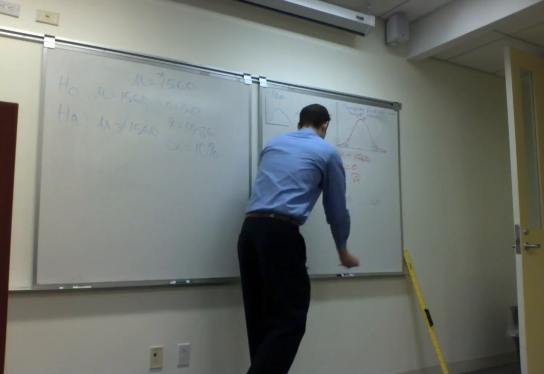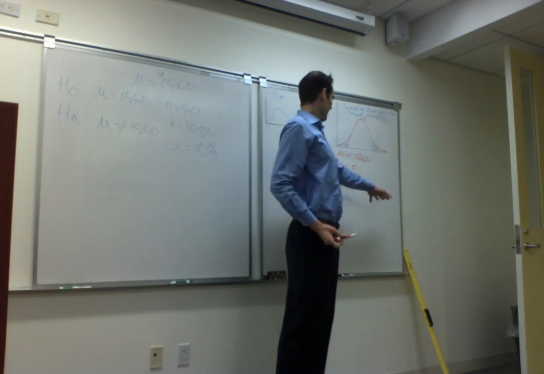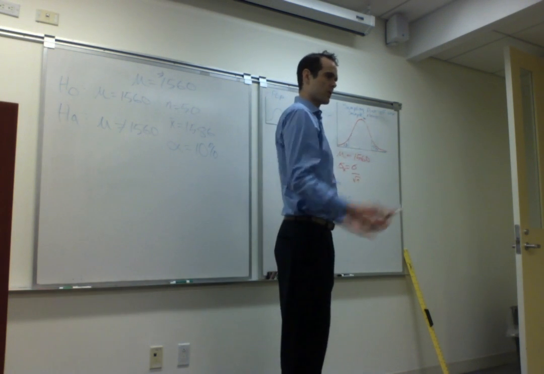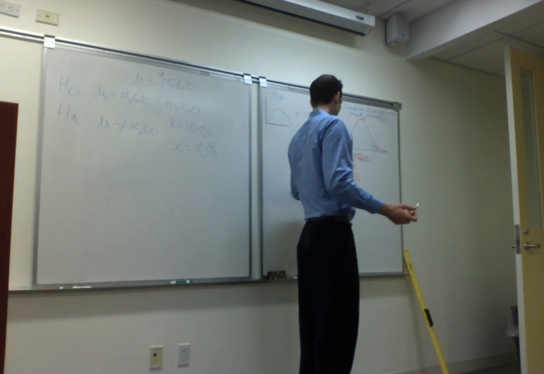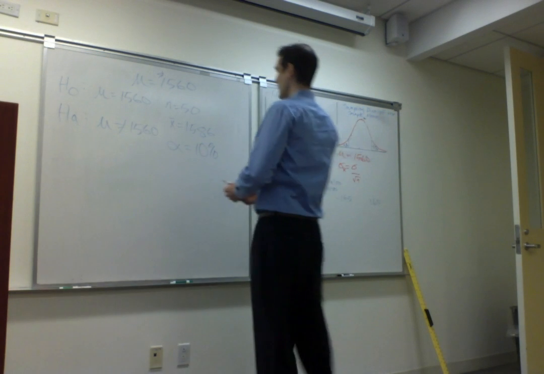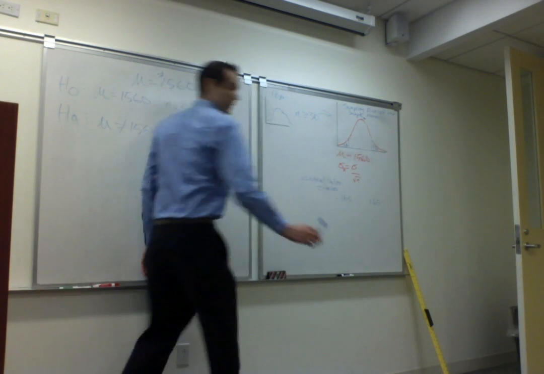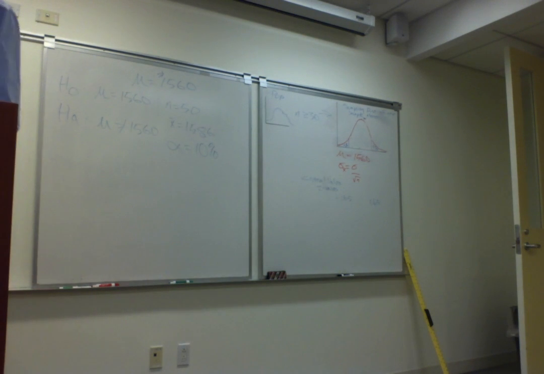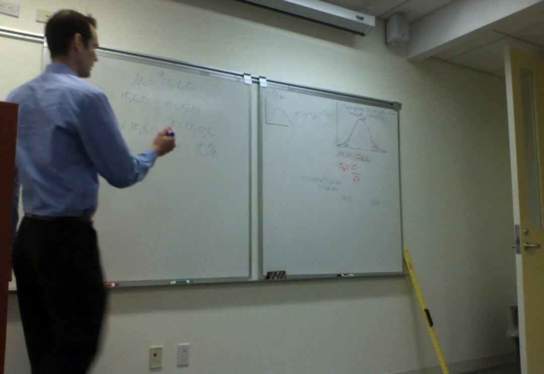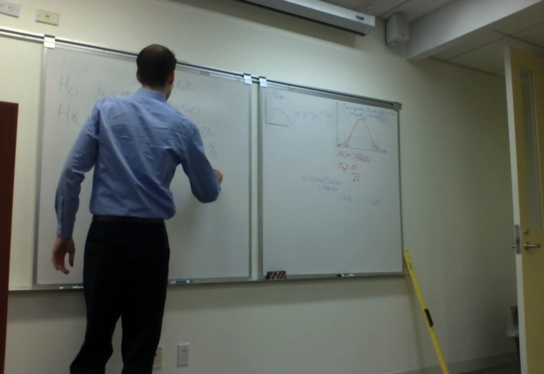So let's crunch out our standard deviation of the sampling distribution and the sample mean, and then let's figure out what the actual numbers would be if we were below or above here. So I need to give you the standard deviation of the population. Assume we know it for now, and we'll talk about what to do if we don't know it. Standard deviation of the population is $100.